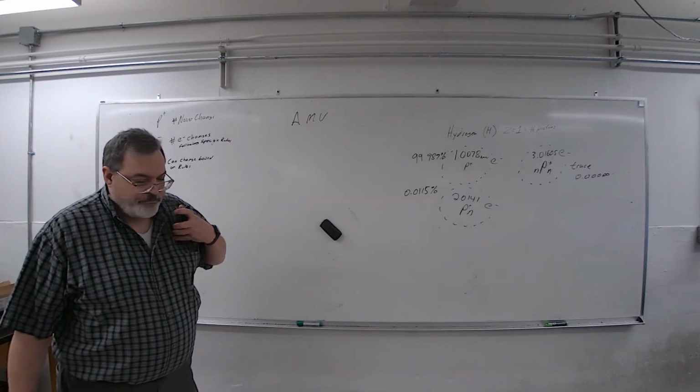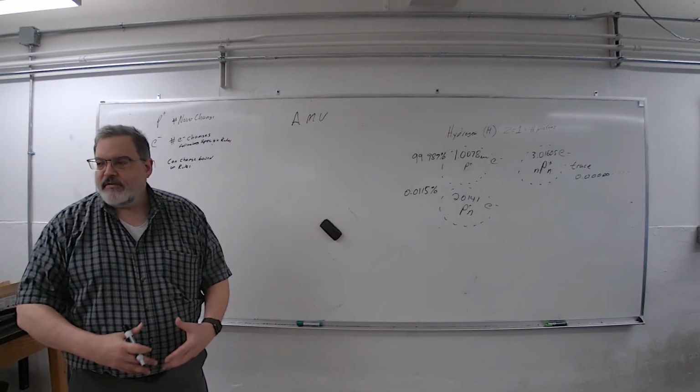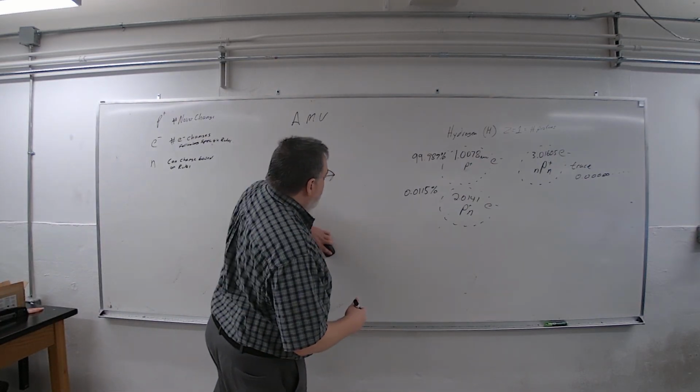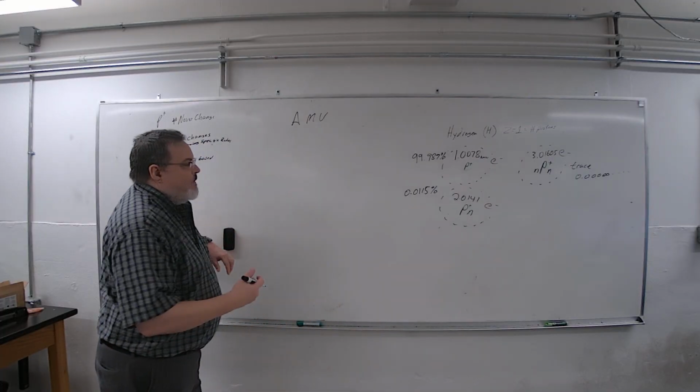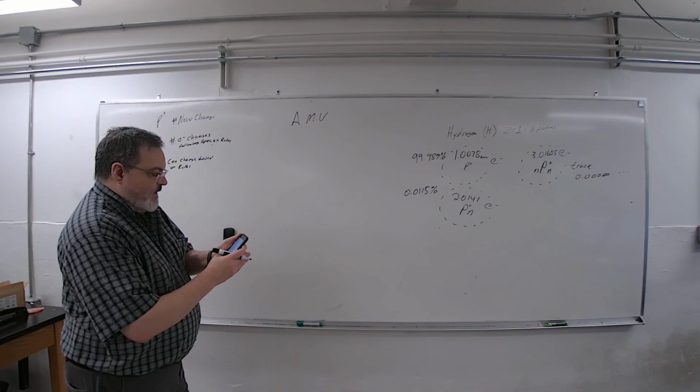Here's the thing. If you do grab a sample of, say, 500,000 atoms, you can predict how much they'll weigh by using the average.